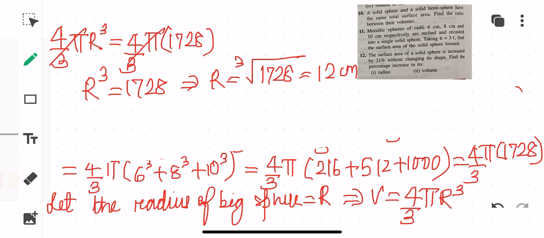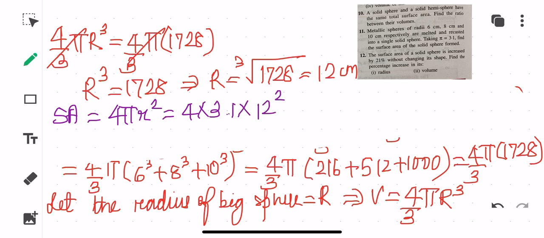Now you have to find out what? You have to find the surface area. So surface area will be equal to 4 pi r square. This in turn is 4 into 3.1 into 12 square, since they have asked you to use 3.1. So this is equal to 12.4 into 144.